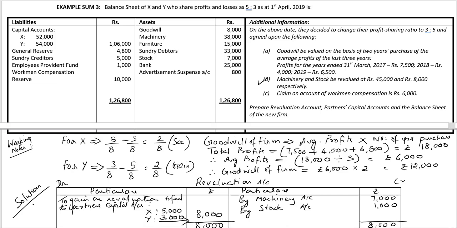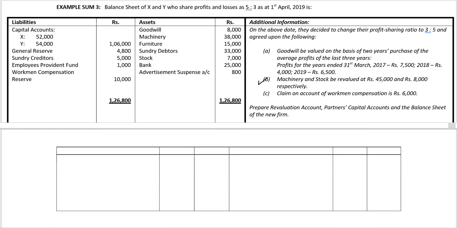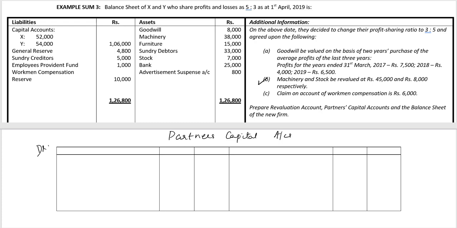Let's go on to the partners' capital accounts. Partners' capital accounts. Left side debit, right side credit. Particulars, Partner X rupees, partner Y rupees.